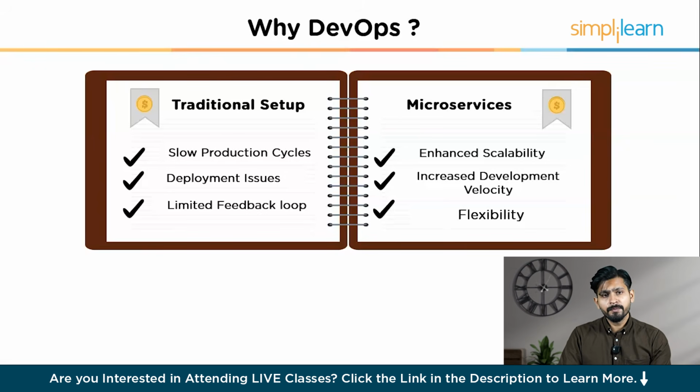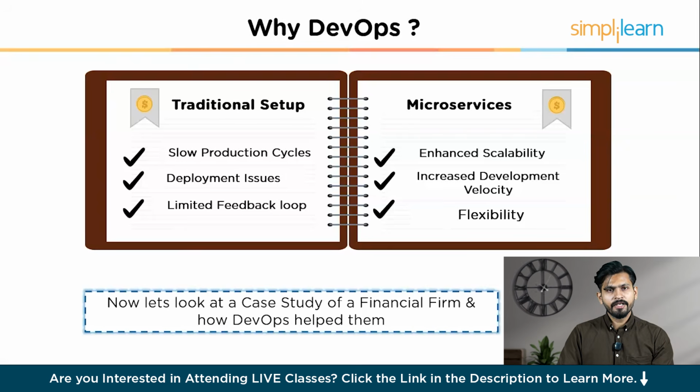In traditional setups, feedback from the operation teams regarding application performance, user issues, or system failures might not reach developers quickly, thus delaying the necessary fixes and improvements. Now there was an introduction of microservices, where we got enhanced scalability, increased development velocity, and flexibility when compared to traditional setups. Now let's look at a case study of a financial firm and how DevOps helped them.